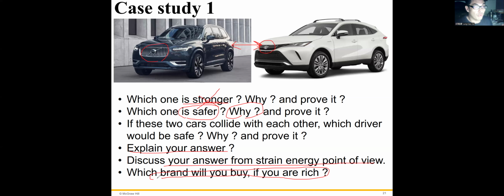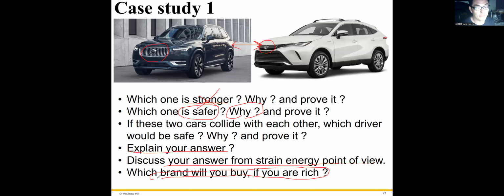Maybe the car is almost squeezed or crashed. However, the passenger and driver are safe because the deformation energy was already absorbed by the car structure itself.